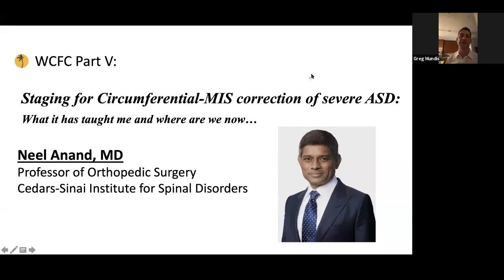And what I love about Neel is that in an environment that really was not data-driven, an environment that really was more anecdotal reporting, Neel decided to start collecting all his own data. And what he's done in private practice on his own over the course of the last 15, 20 years is nothing short of remarkable for those of us that like to do academic work.